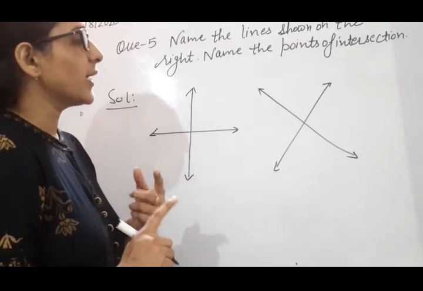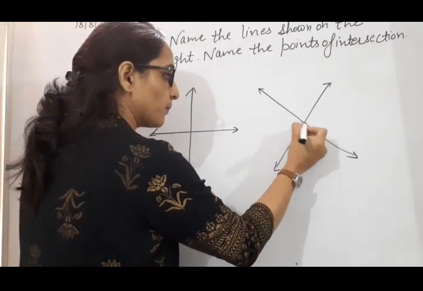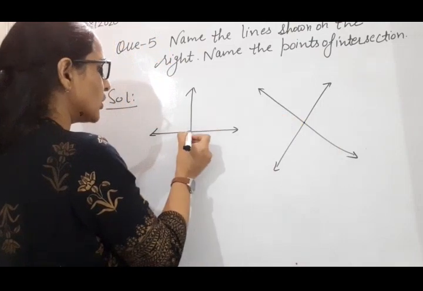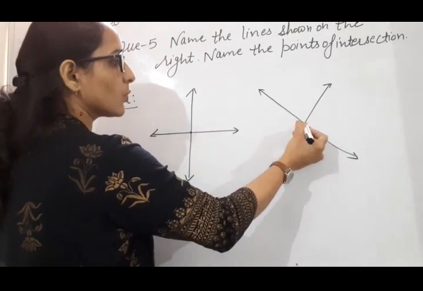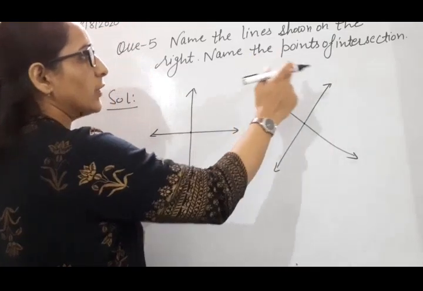Clear? So these lines are called intersecting lines, and where they cross, they cut each other. This point is called the intersecting point. So you give the name.